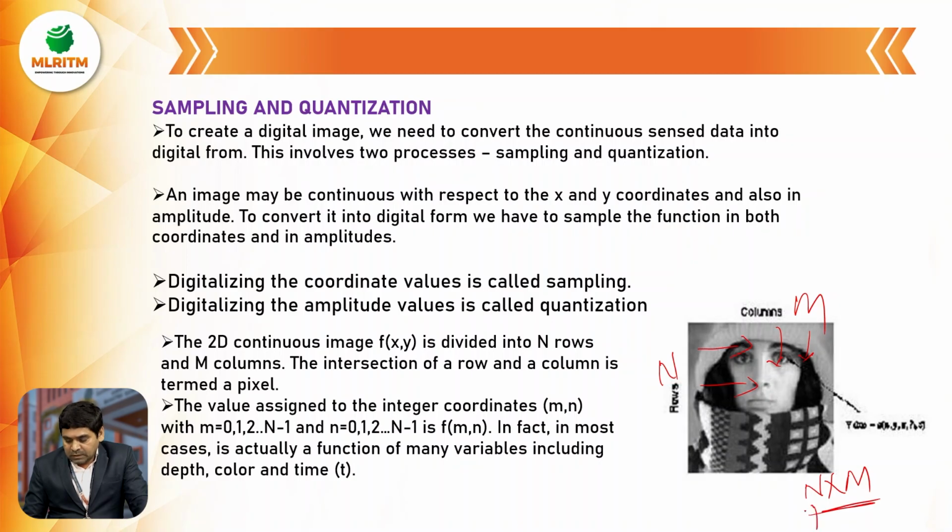Suppose the first pixel is represented as f of 0 comma 0: the first coordinate is the 0th row, and the second is the 0th column, which represents the first pixel coordinate.